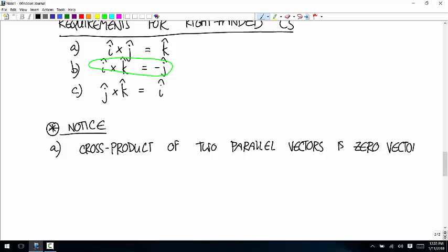The output is always a vector, so it's a 0 vector. That's true if the vectors are in the same direction or if they're in the opposite direction.